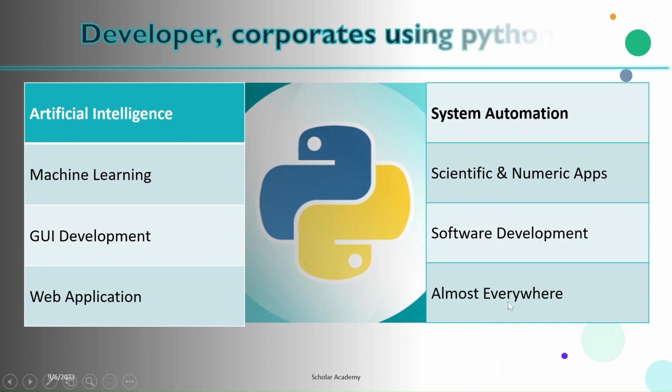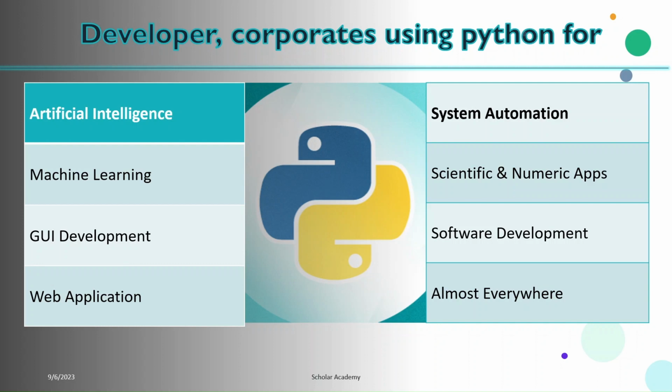See, guys, these are the major or broader areas where Python is supporting, or widely used. For example, we can consider the artificial intelligence area, system automation area, machine learning, deep learning, or any other NLP related application development or modeling.